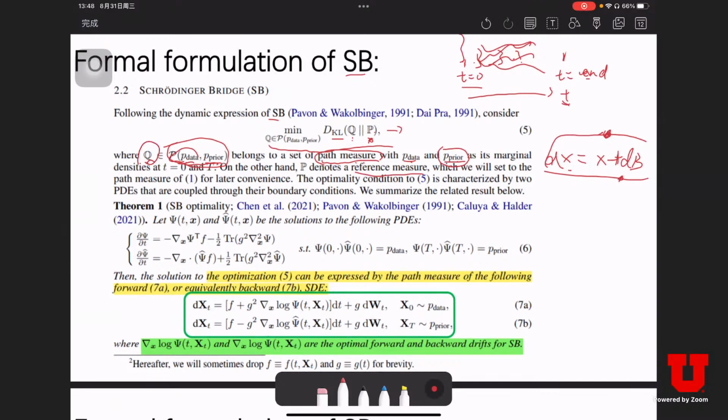Let's call this the Schrodinger bridge optimality. It's just saying, given the Schrodinger bridge optimization problem like this one, we can write down the optimal SDE of the Q of the Schrodinger bridge. The forward and backward will follow SDEs of these forms, I mean 7A and 7B.